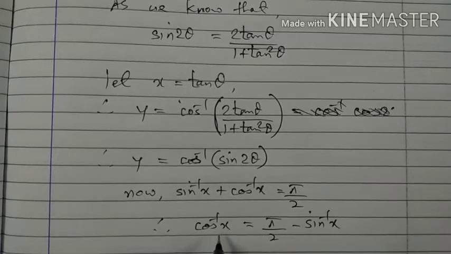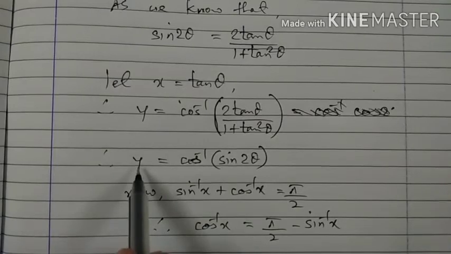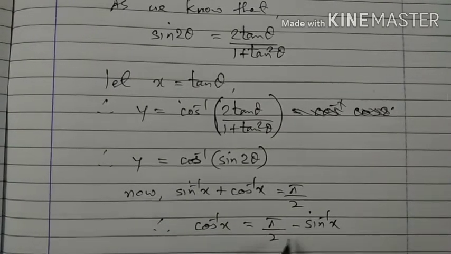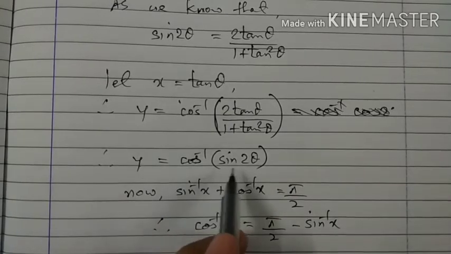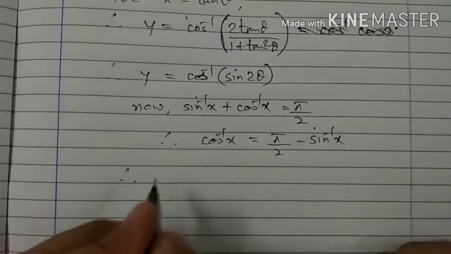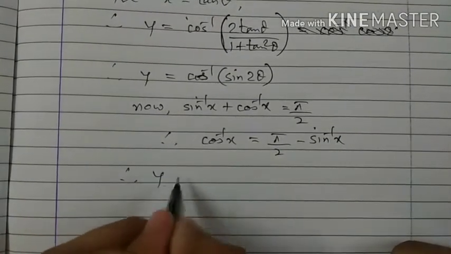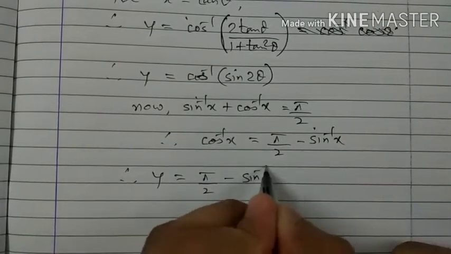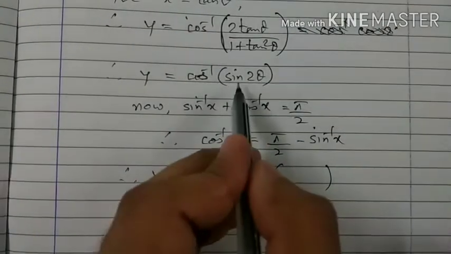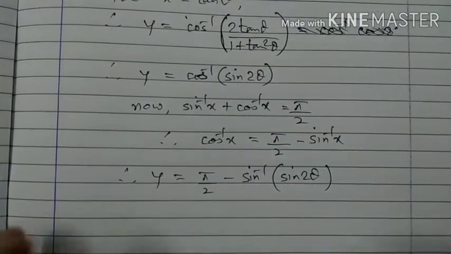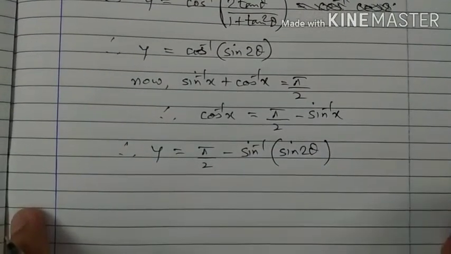So according to this step we can write y equal to, instead of cos inverse, pi by 2 minus sin inverse of sin 2 theta. Hence y equal to pi by 2 minus sin inverse of sin 2 theta. In this way we can convert cos inverse into sin inverse.